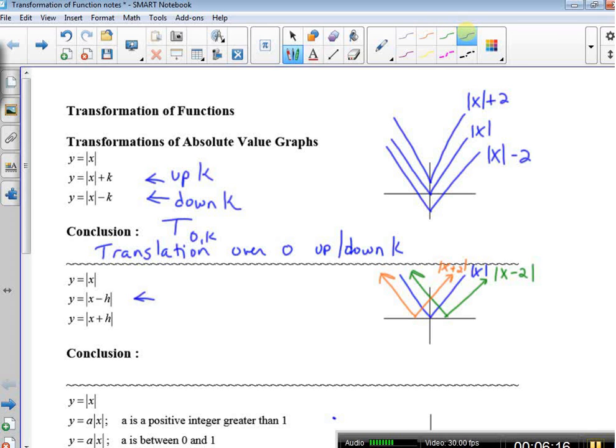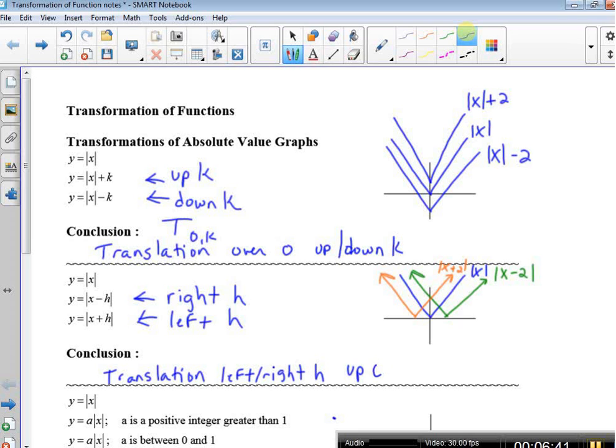This one goes to the right h, and this one goes to the left h. And this is another translation of an amount left or right, up 0. So that we would say is capital T, h, comma, 0. And that depends on if h is positive or negative.